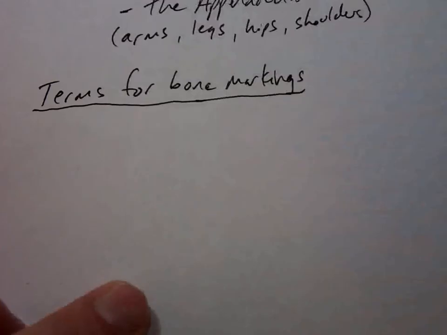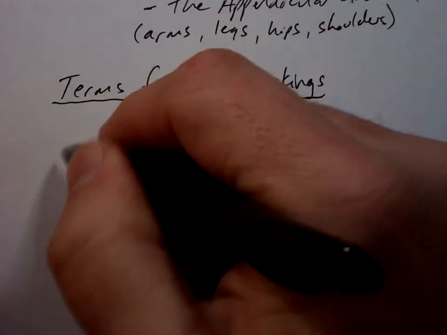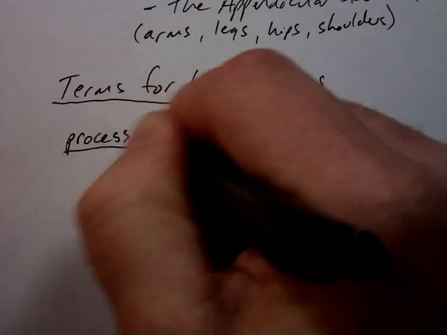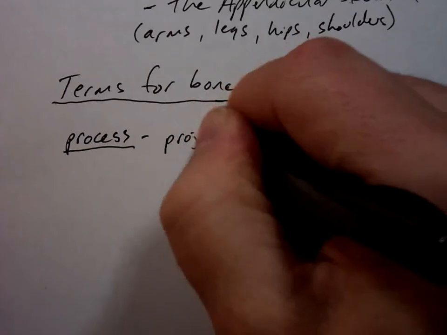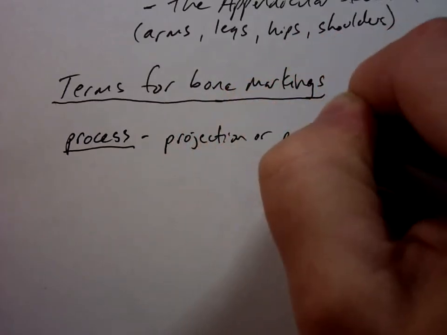Well, knowing process, you think of it as a verb. It's like something going through something, like your payment was processed, or something is being done. In anatomy, the word process is a noun, not a verb. Okay? And a process is a projection or protrusion, and these are not great words.